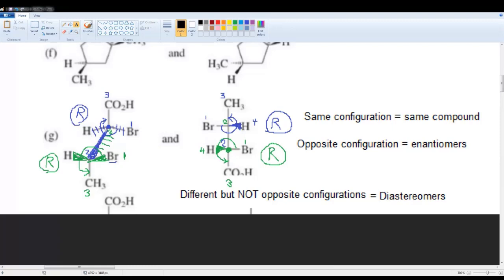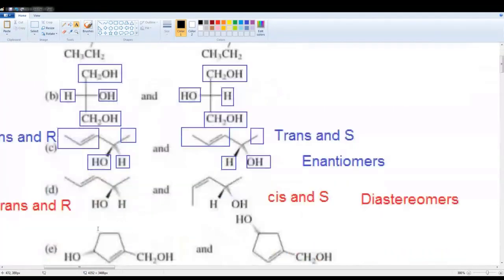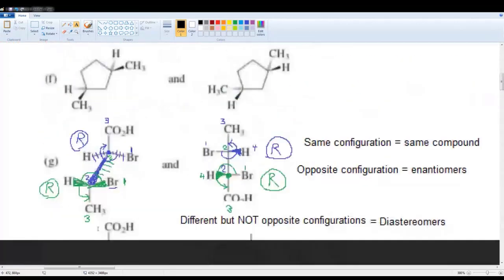So that's why the other example that we did was not chiral, because there was symmetry up and down. Yeah, exactly. The top group and the bottom group are the same. Okay. Cool. Thank you.